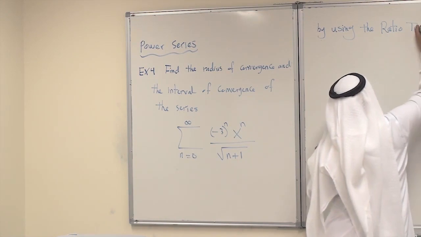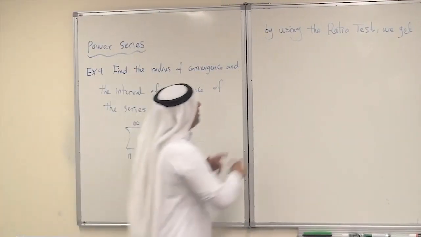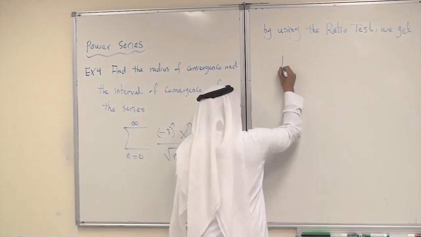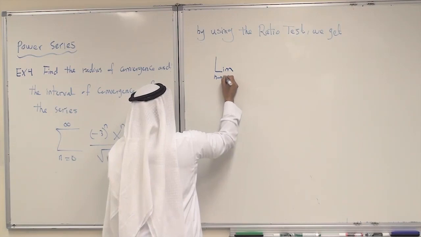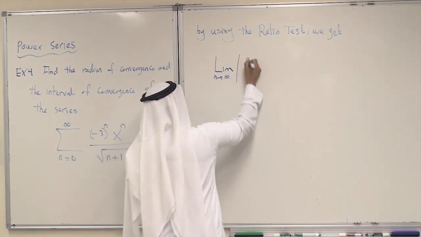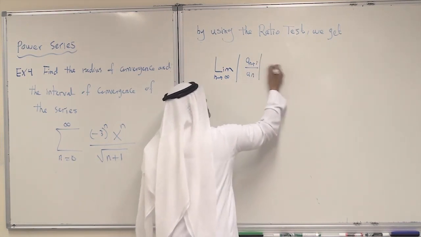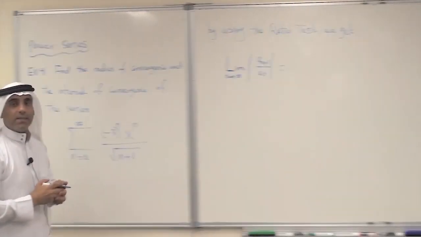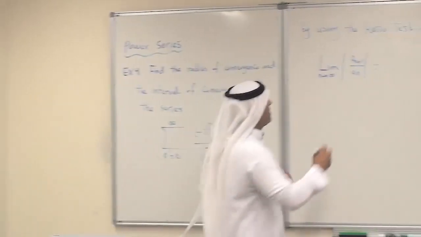The ratio test says you always need to calculate the limit as n goes to infinity of the absolute value of a n plus 1 over a n, and then study the case where this is less than 1, and this is greater than 1. Fine. Let us do that for this specific series.